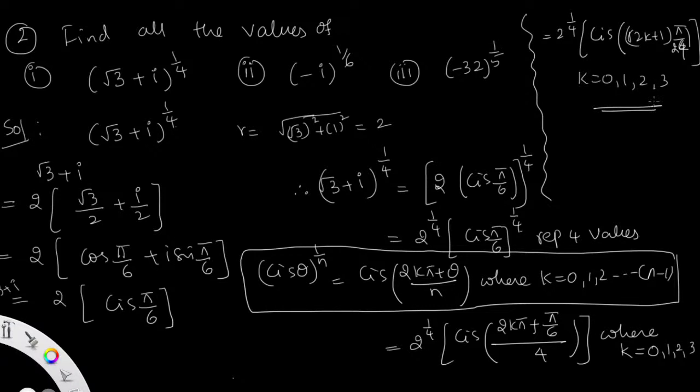This is the answer: 2 to the power of 1/4 into cis of (12k + 1)π/24, where k equals 0, 1, 2, 3.